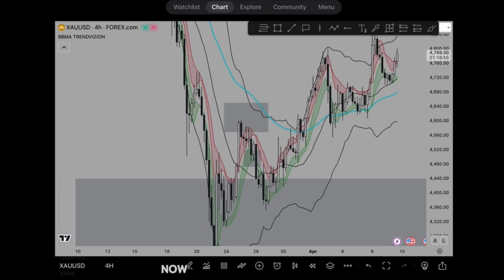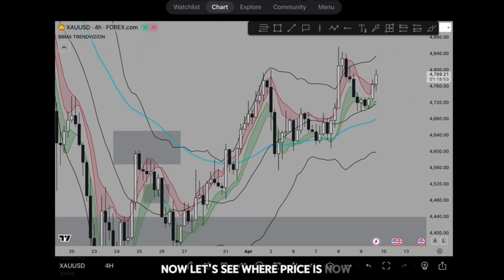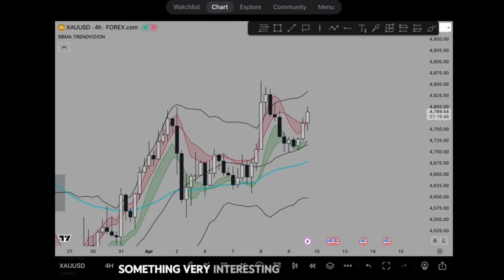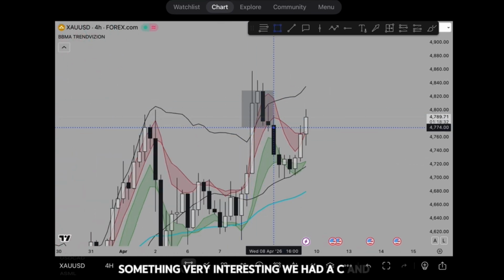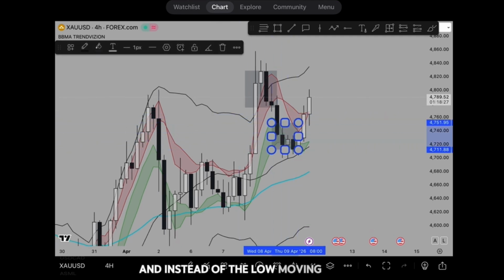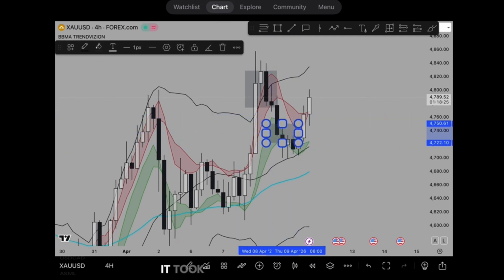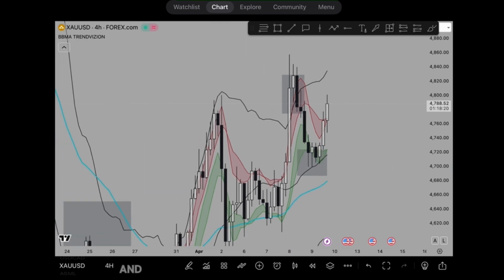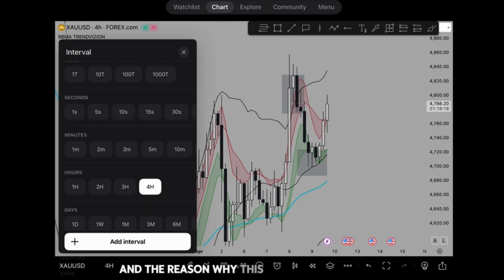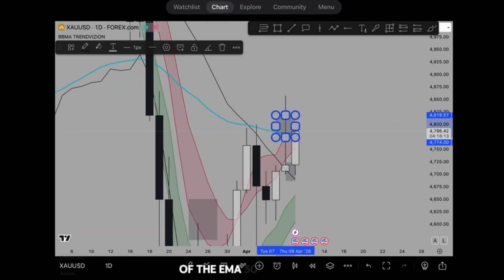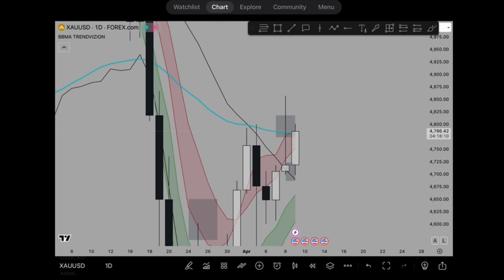Now let's see where price is now, because today actually something very interesting happened. We had a CSM buy, and instead of the low moving average, it took the mid BB as re-entry zone. And the reason why this is like that is because of the EMA 50 on the daily.